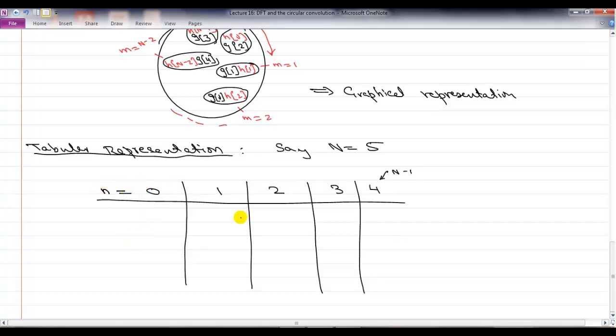I have a typographical error here. It should be n instead of little n in the upper row. Now in the rows, I'm going to put down the values of little m. Each row will correspond to one value of little m.